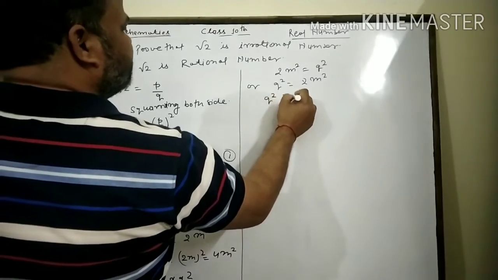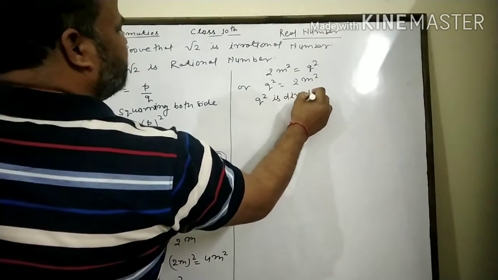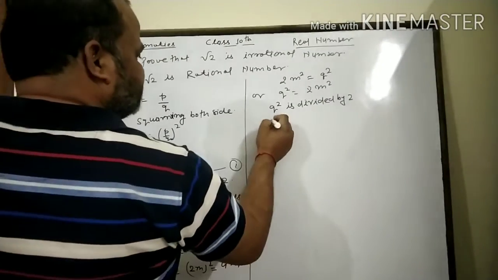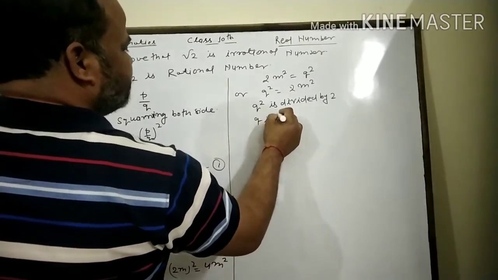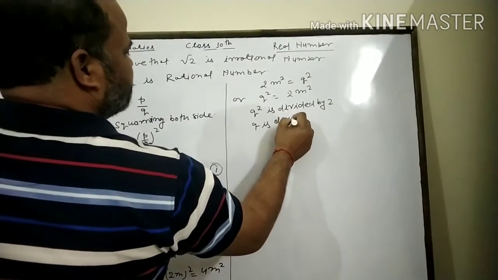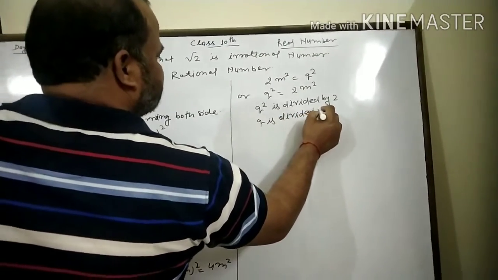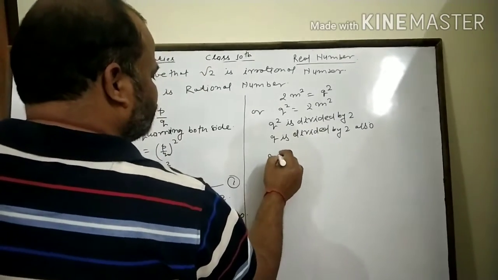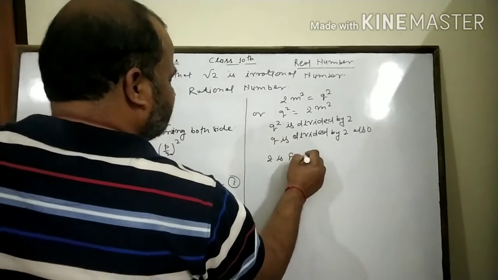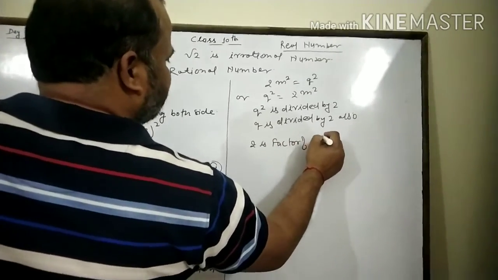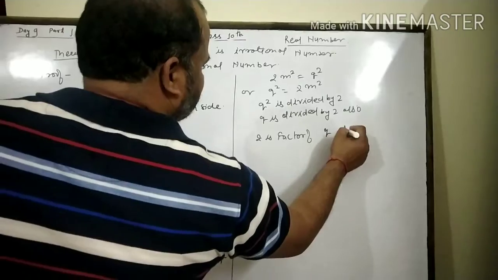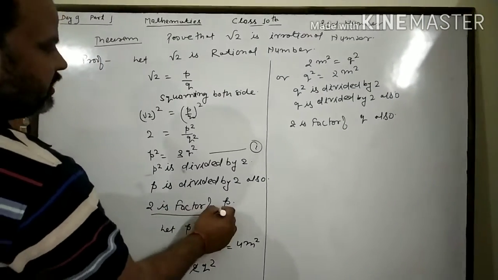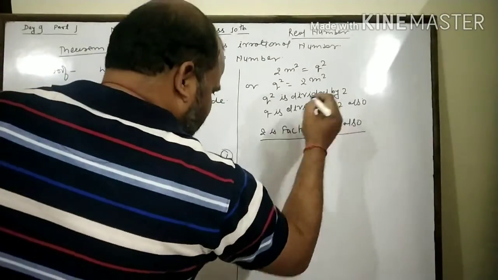q square is divisible by 2. It means q is divisible by 2 also. That means 2 is a factor of q also, because 2 is a factor of p here and 2 is a factor of q.